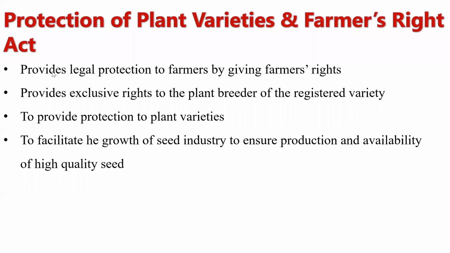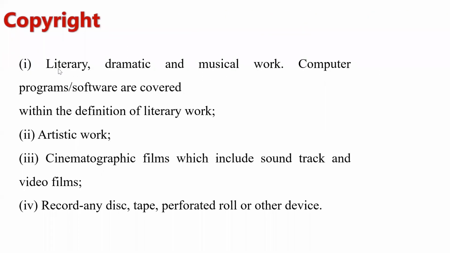Copyright. Copyright takes care of literary, dramatic, and musical work. Computer programs and software are covered. This also includes artistic works and cinematographic films, which include soundtracks or video films.